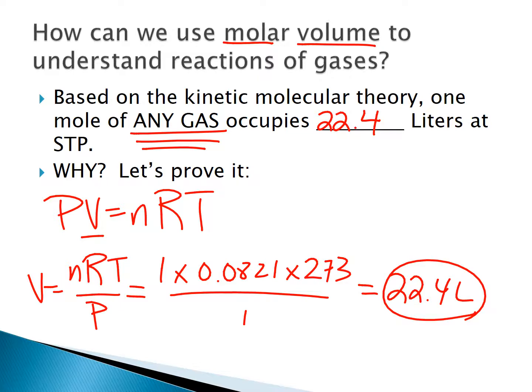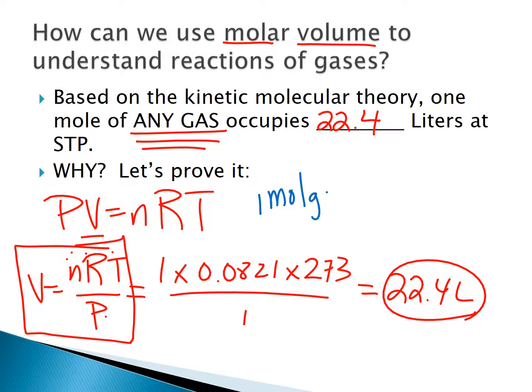Now, this works for any gas, because if you look at this expression solving for the volume of an ideal gas, none of the factors indicate which gas we're talking about. It will be true for all gases. This becomes really important as a conversion factor, because we can craft an equality that says 1 mole of any gas is equal to 22.4 liters.